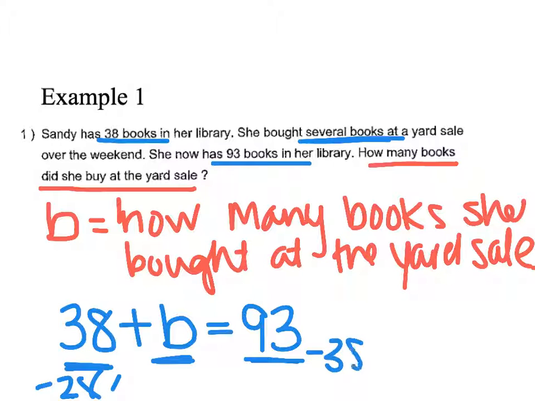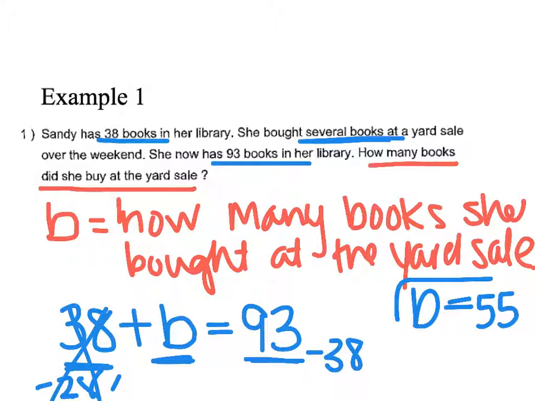So anyway, subtract 38 from both sides and you will get B equals whatever 93 minus 38 is, which is 55. So you're going to get an answer, 55, but then we want you to write your answer as a phrase or a sentence.